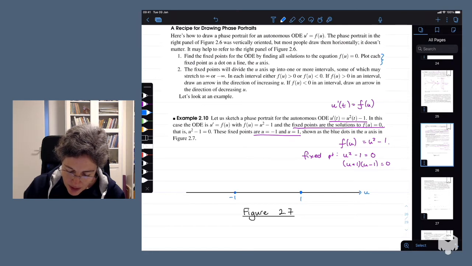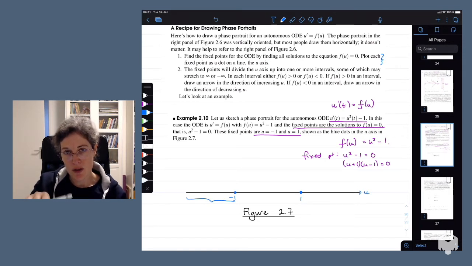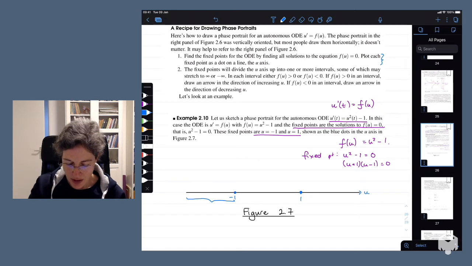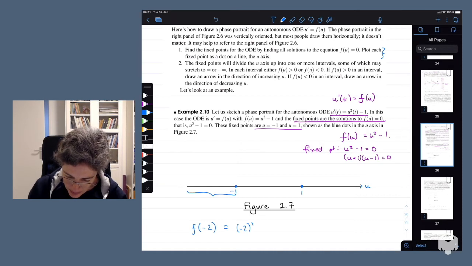Now we need to know if our solution is less than minus 1, will it be tending towards minus 1 or moving away? So we want to think about the value of, for example, f of minus 2. Well, that's minus 2 all squared minus 1, which is 4 minus 1, so that's 3.